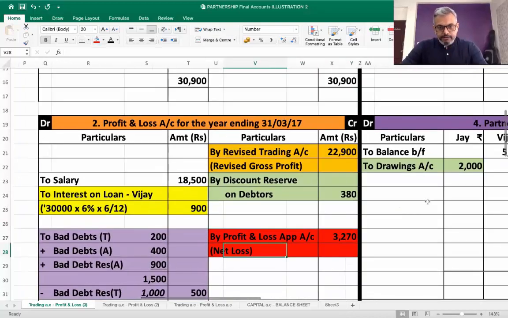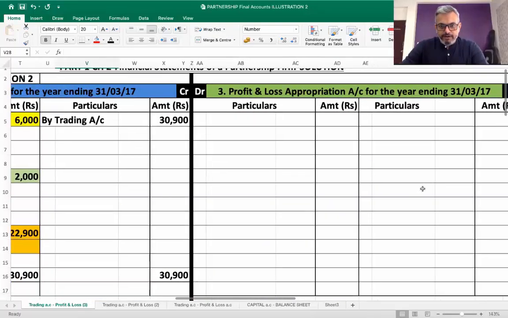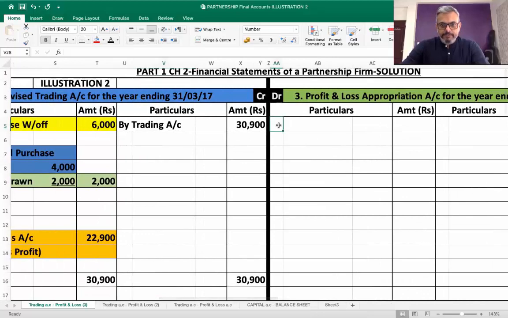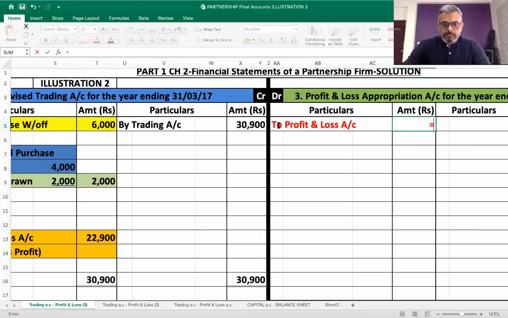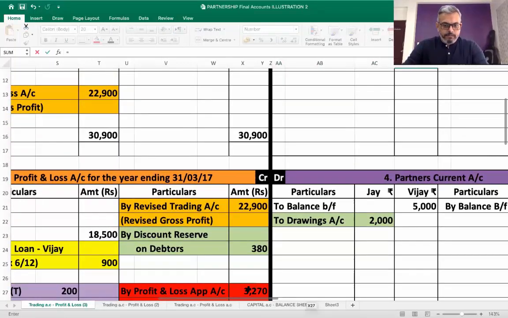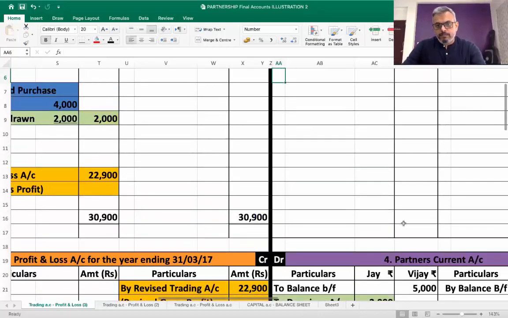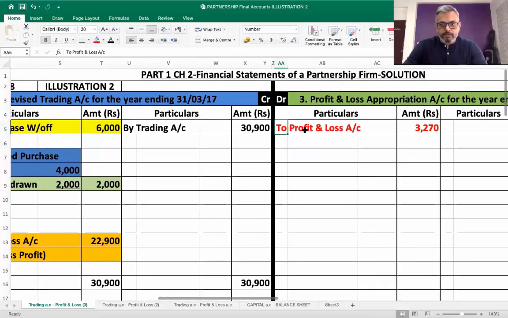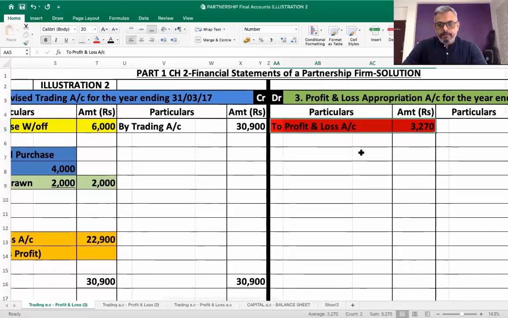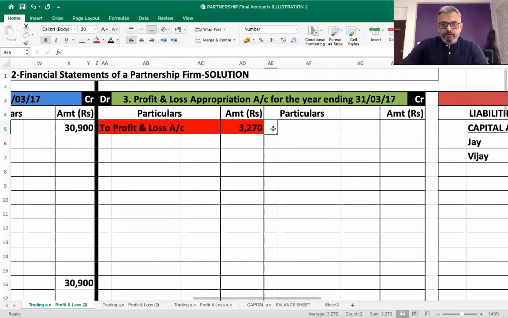We transfer it to P&L appropriation account on the debit side to profit and loss account, $3,270. Now here we distribute the loss.